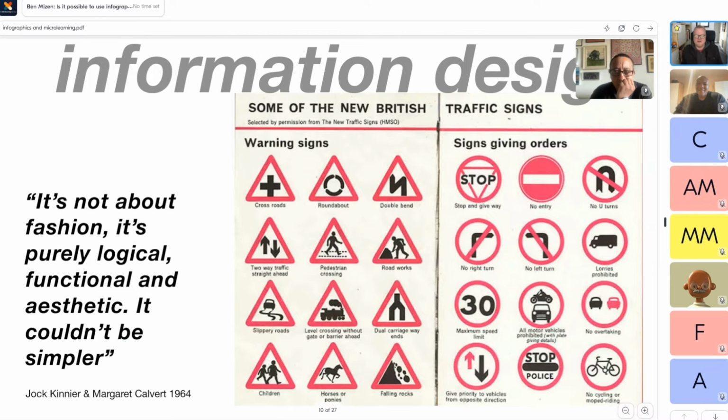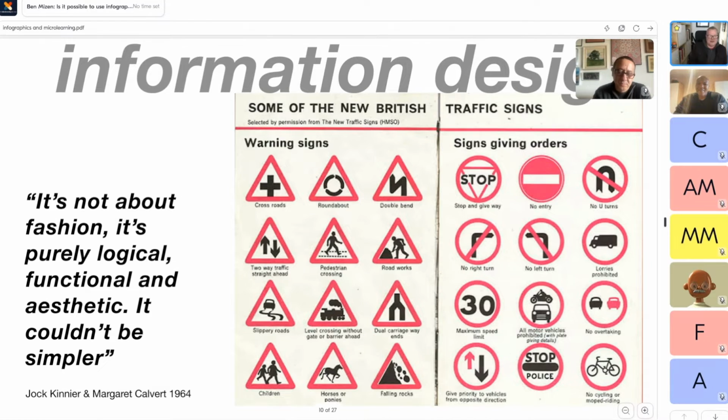This is something that I find really interesting. Just on the slide, before I tell you what it is, I thought I'd show you that these were the road signs that were designed in 1964 for the British motorways. The motorways started opening up in the 60s and 70s, and cars were driving faster, and they needed signs that could be easily recognized.